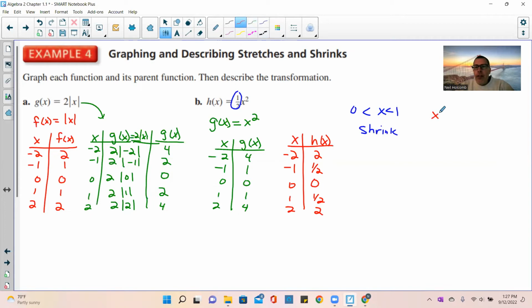And if it is greater than 1, it's a stretch. Okay, if you're getting on the negative side, it's a reflection.